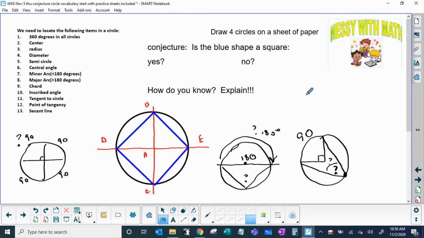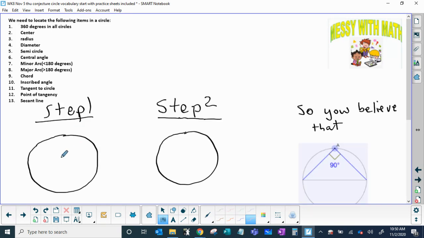Now I want to make more conjectures. This next conjecture: everybody, draw your bullseye. We know this is 90. If that's 90, we know this has to be 90 because we have 4 parts, right? 1, 2, 3, 4.